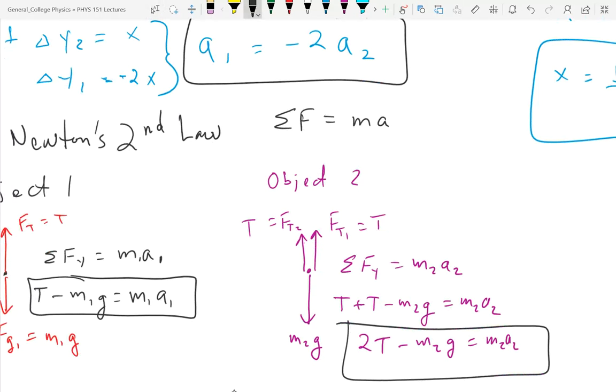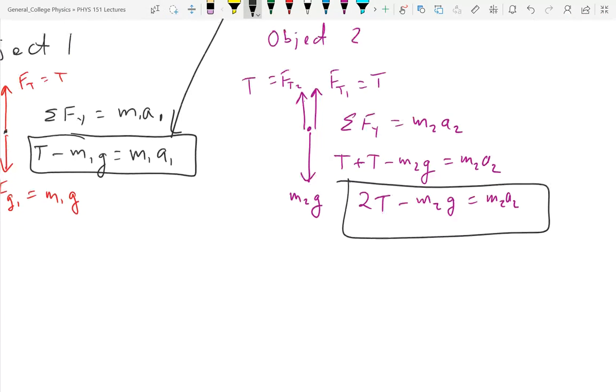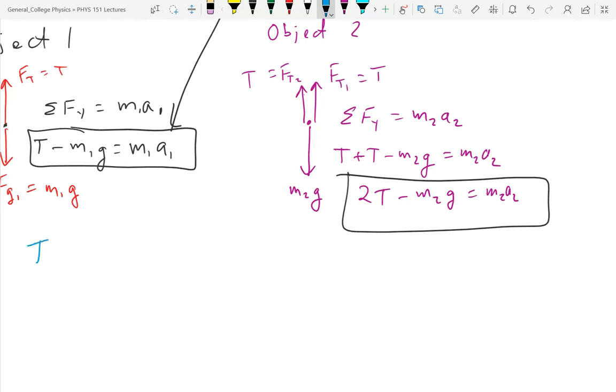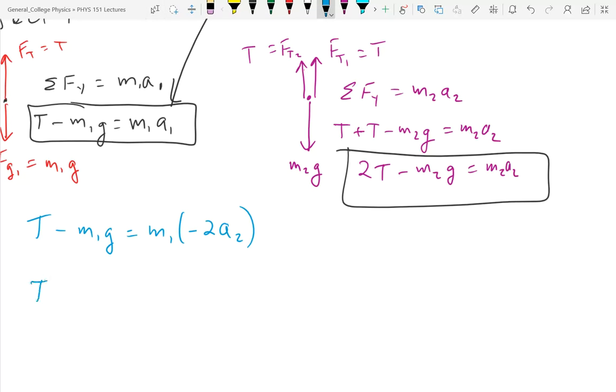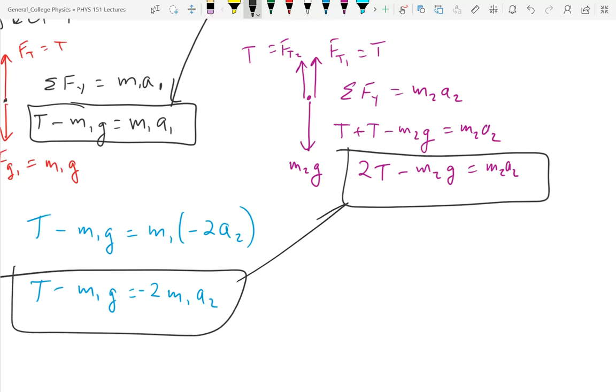If I substitute this into here, I get that for my equation, or more simply, that. Now combining these two equations, I can eliminate tension and solve for acceleration.